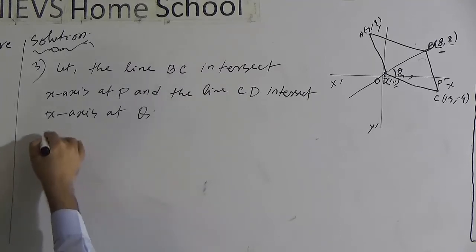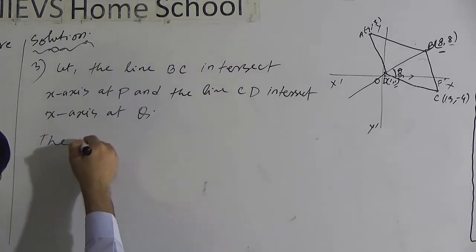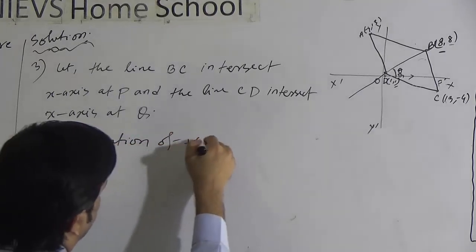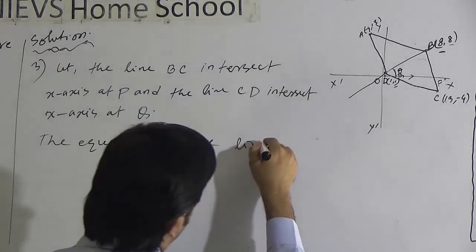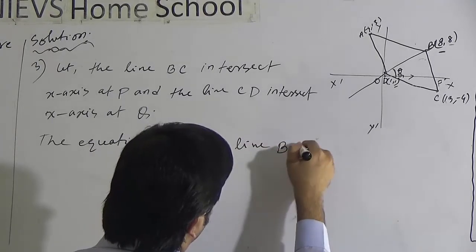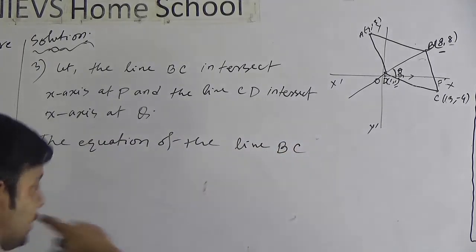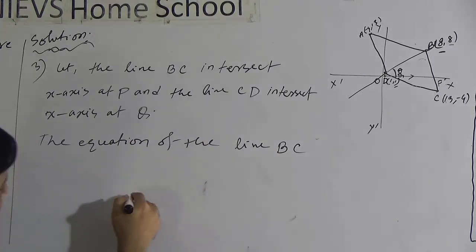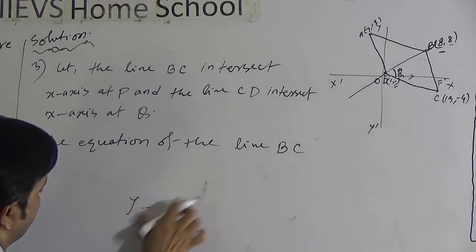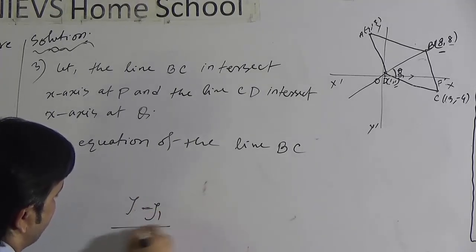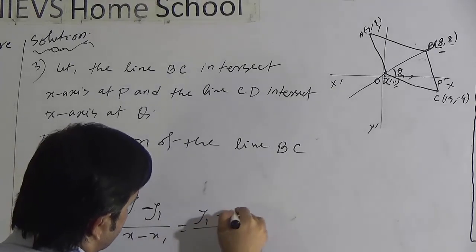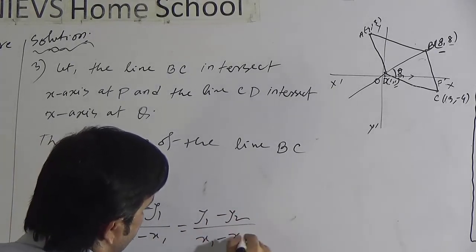The equation of the line BC: when two points are given, you can determine the equation of the line using the formula (y minus y1) by (x minus x1) is equal to (y1 minus y2) by (x1 minus x2).